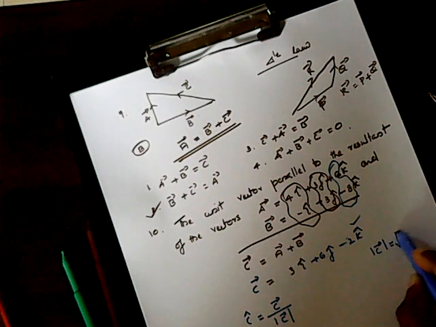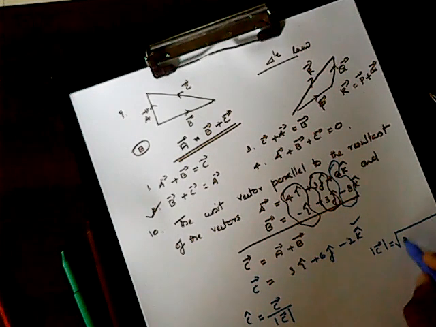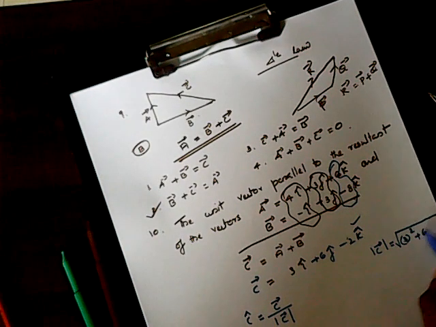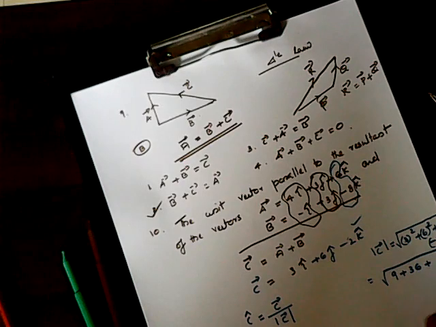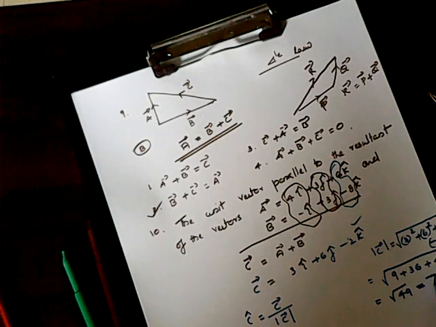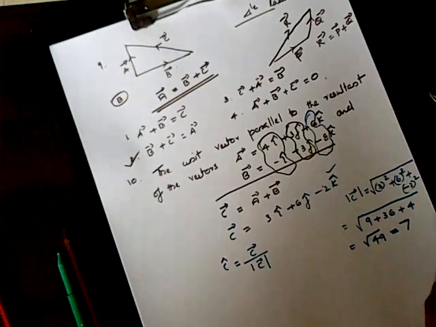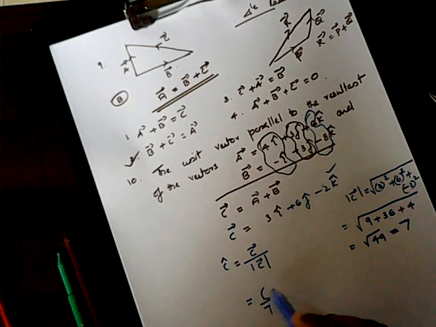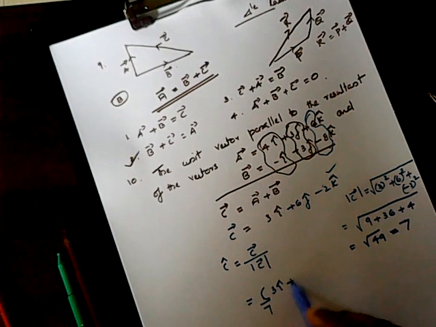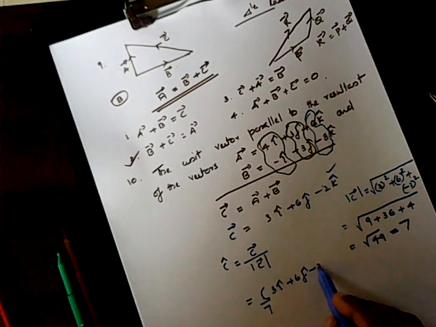It is root of 3 square plus 6 square plus minus 2 square, equal to root of 9 plus 36 plus 4. So you get root 49, that is equal to 7. So you get the value as 1 by 7 into (3i plus 6j minus 2k).